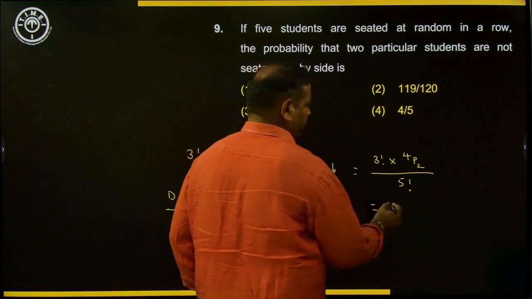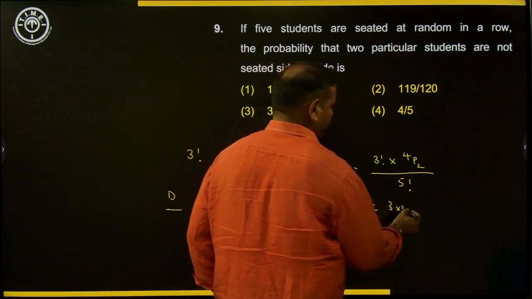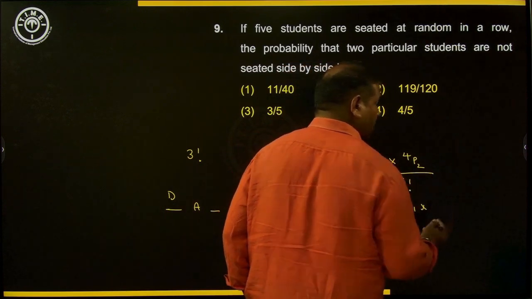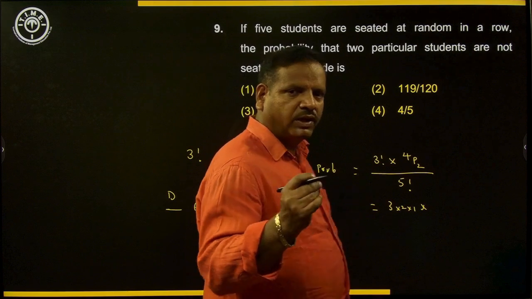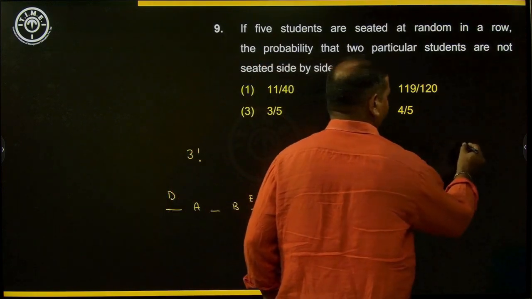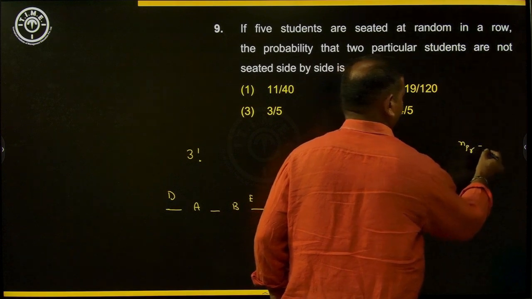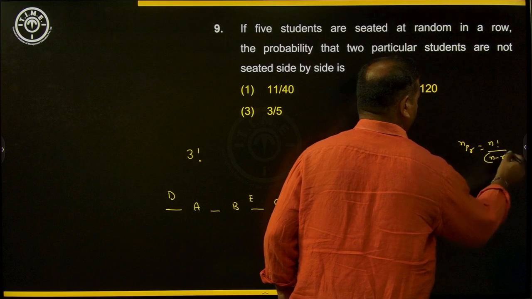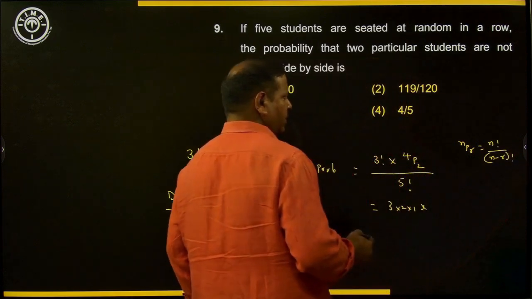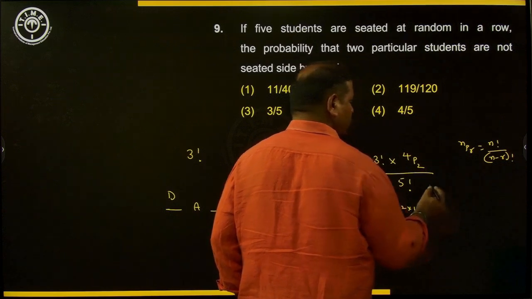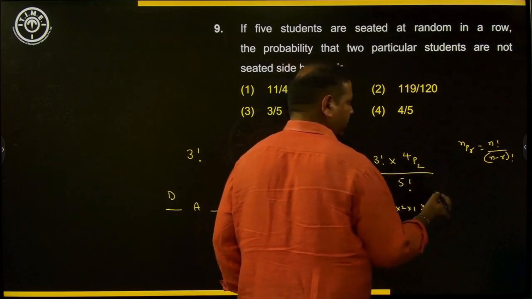3 factorial, yes, 3 into 2 into 1. For 4P2, just take 2 numbers back from 4, or use the nPr formula: n factorial by n minus r factorial. So 4P2 is simply 4 factorial by 4 minus 2 factorial. 2 factorial cancels, giving 4 into 3.